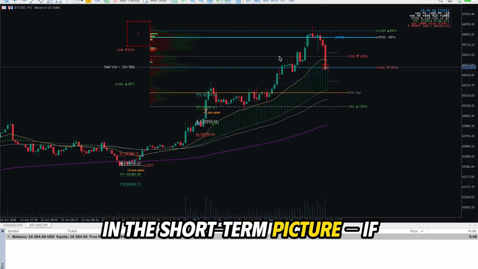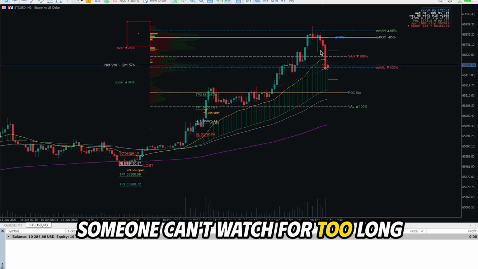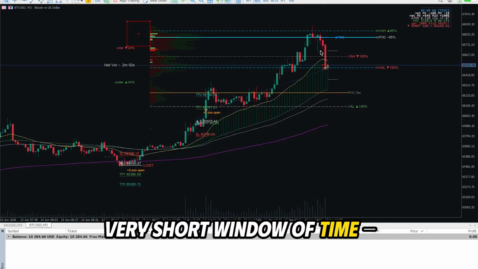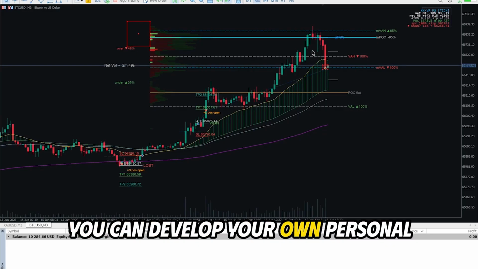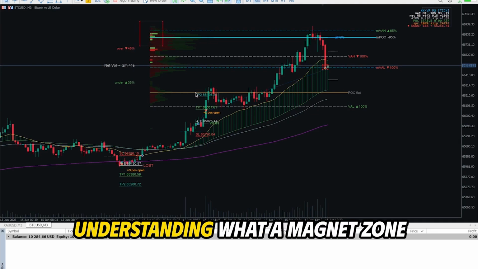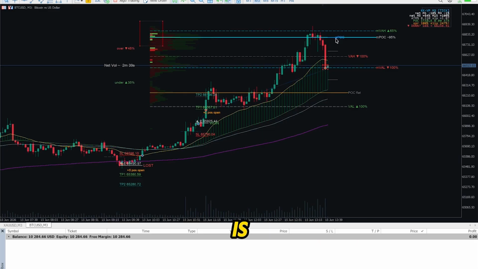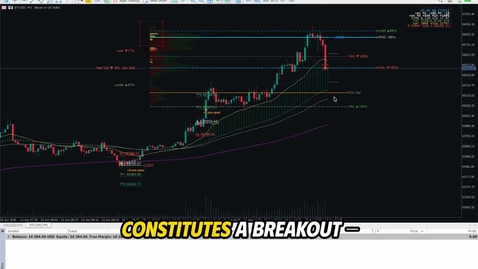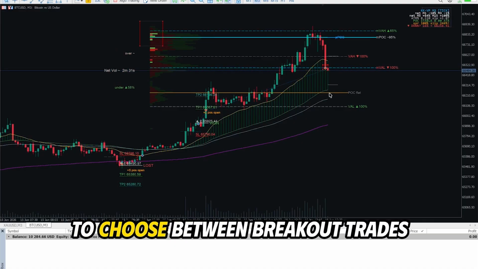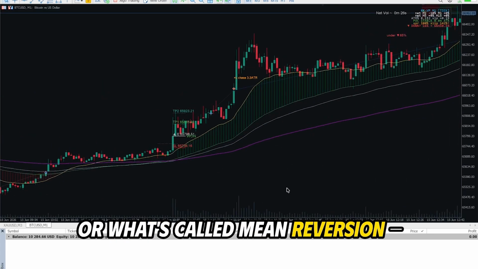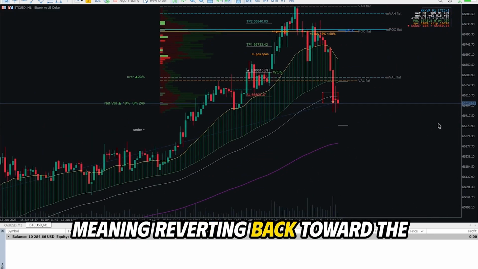In the short-term picture, if someone can't watch for too long and wants to make decisions in a very short window, you can develop your own based on the tools I've built by applying the same principles: understanding what a magnet zone is, master POC, local POC, what is a high zone versus a low zone, what constitutes a breakout, to choose between breakout trades or what's called mean reversion, meaning reverting back toward the middle zone.